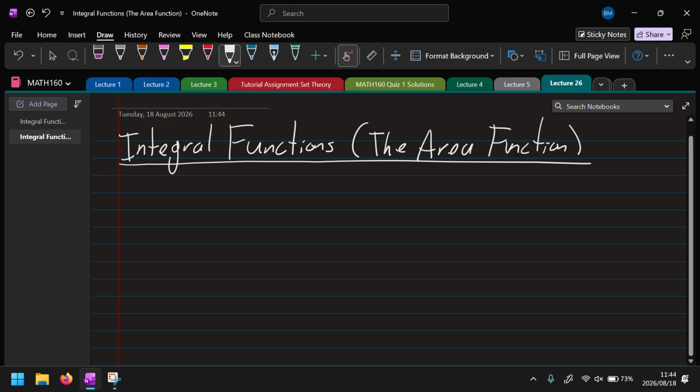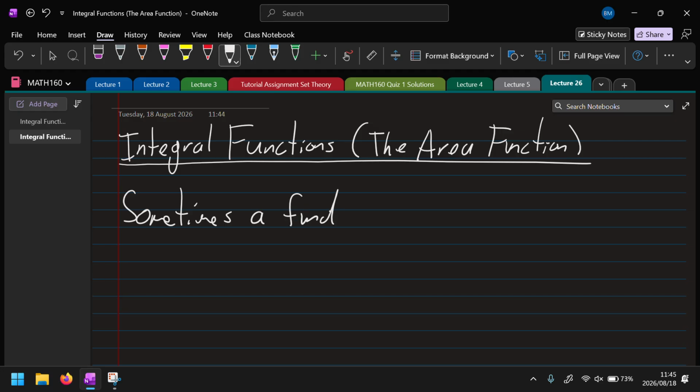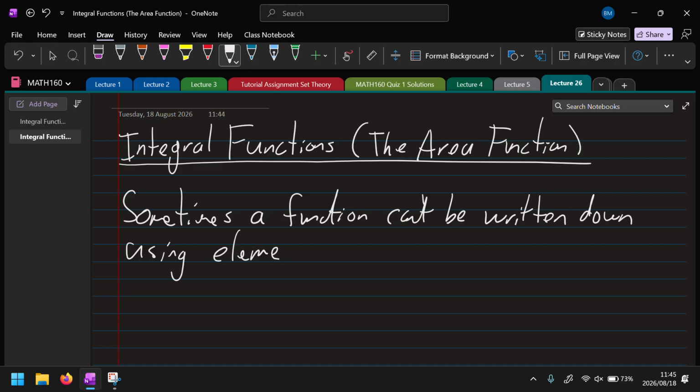I did mention this briefly before when we looked at elementary functions and non-elementary functions. But sometimes a function can't be written down using elementary functions.